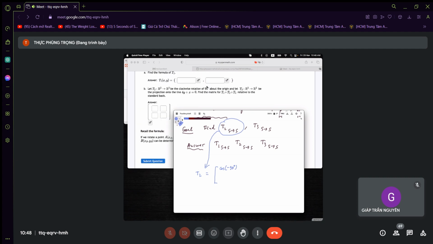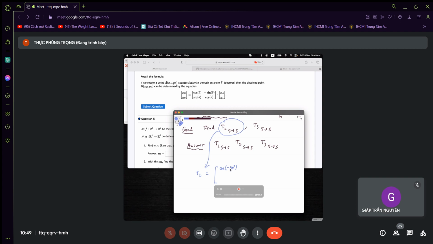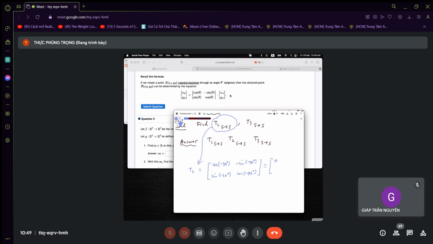Right here we have 90 degrees, so I put 90 right here with minus, sine of minus 90. Remember that we are using degrees in this formula, not radians. So what you get is 0, right? What do we have right here? We have 1. So T2 is done, right?